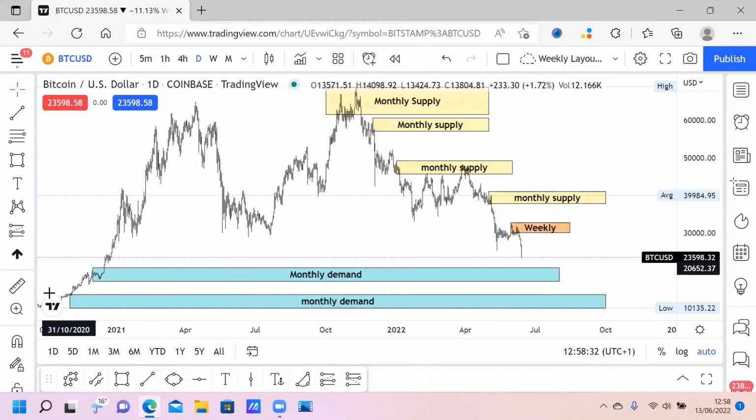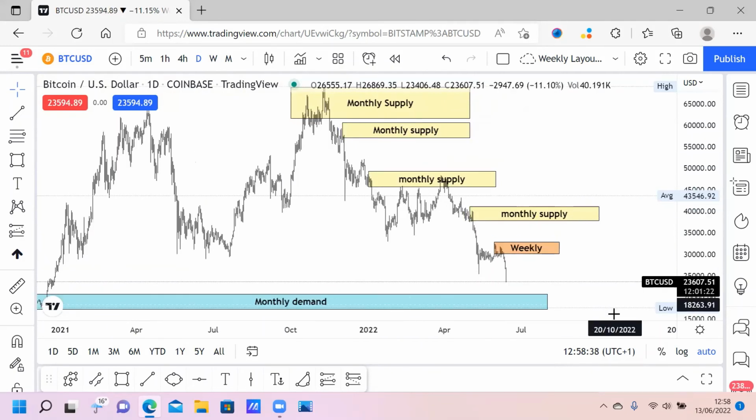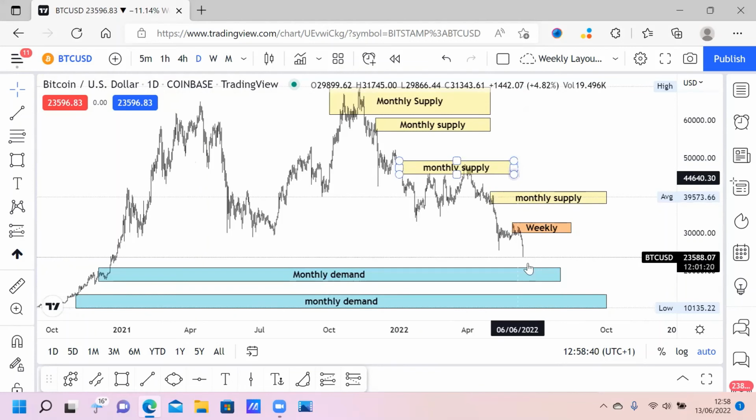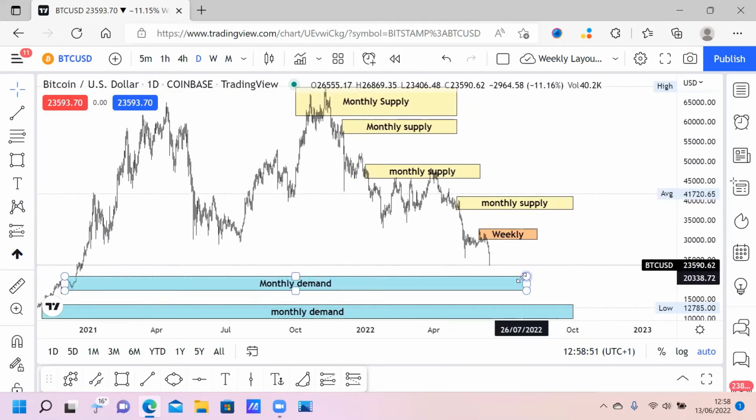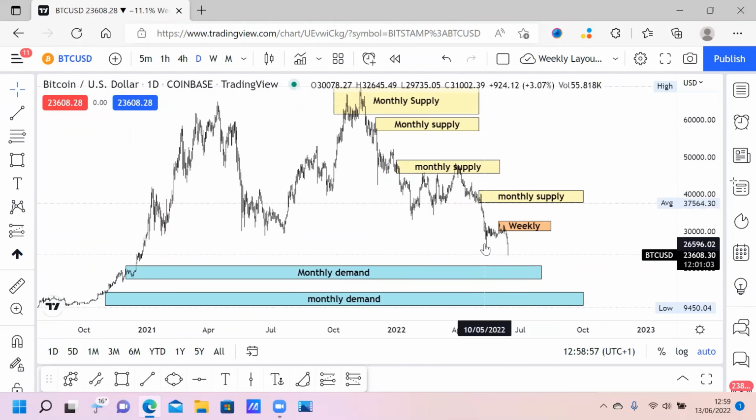In the past, price rallied from this demand zone. What price always does is go back to its origin, so it made a high that's trying to make that low of the monthly demand. Should price enter this area, this is where you're going to find opportunities to buy it back.